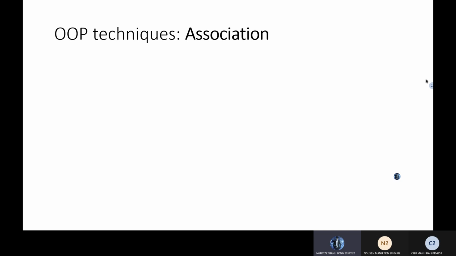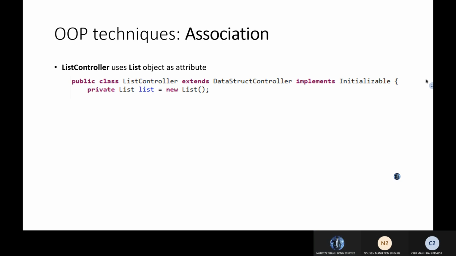Next one is the association. We have the list controller class use the list object as an attribute. The list controller is the class that controls an event when a user clicks on a button. They just need to call a function from the list object, and no need to care about the logic behind it.